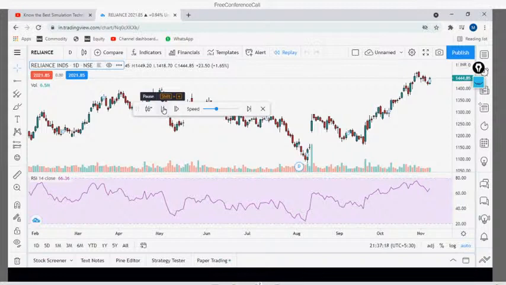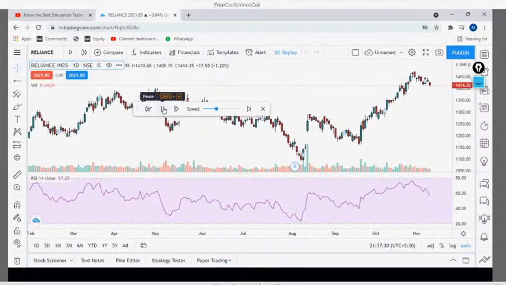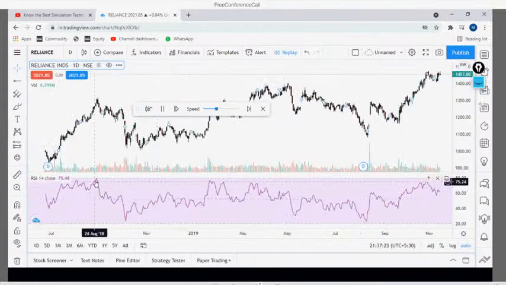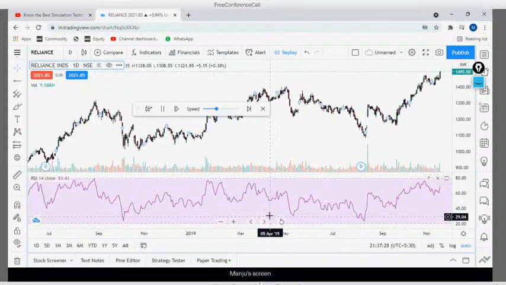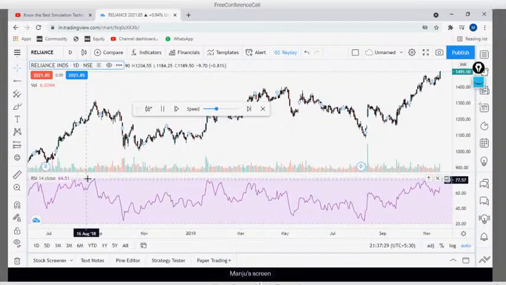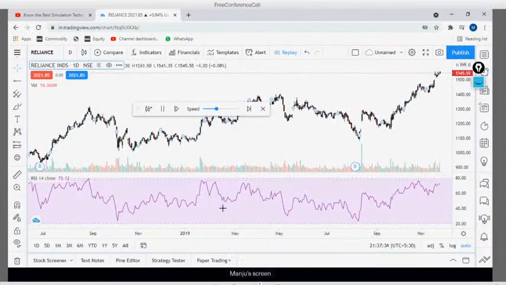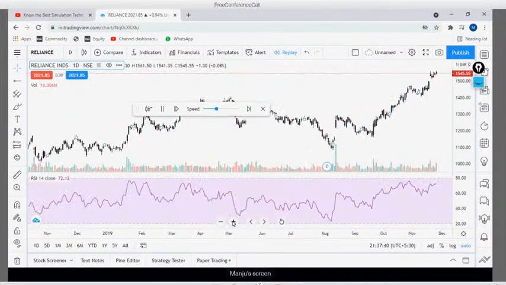80-20 should be more, I guess. It did not go often to 80 levels, only once here. It went only until 75, 70, less than 80. It went to 76 like that. Let's see if it went somewhere to 80 here. We'll see. 74.